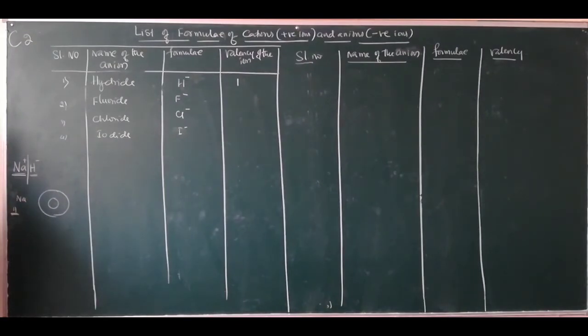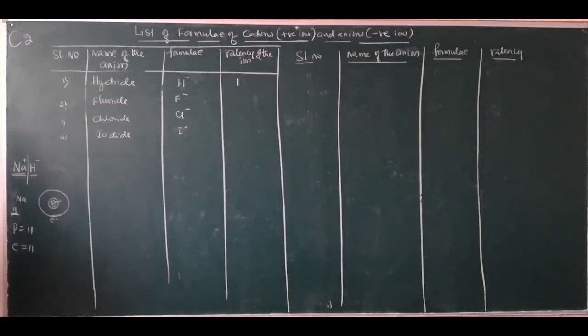The atomic number indicates the number of protons in the nucleus and also the number of electrons outside the nucleus. So here P is equal to 11, E is equal to 11.